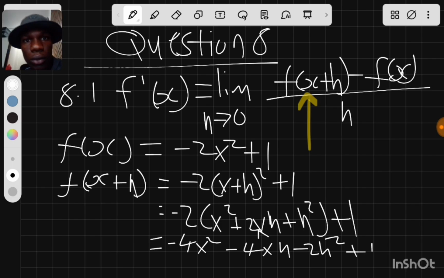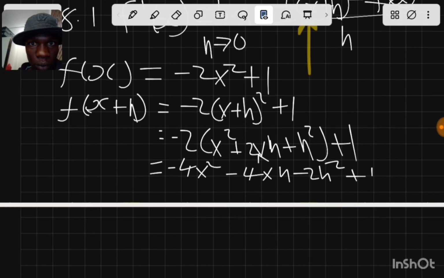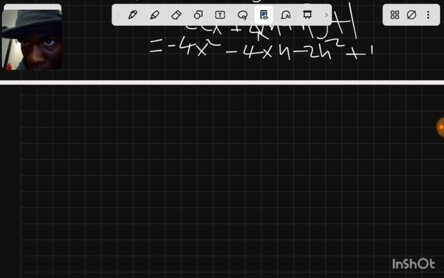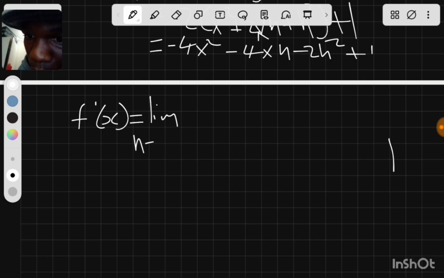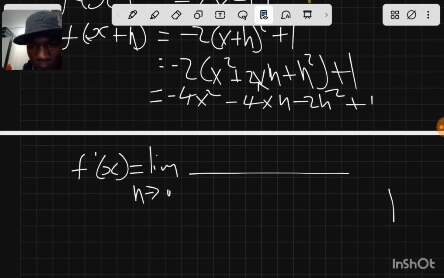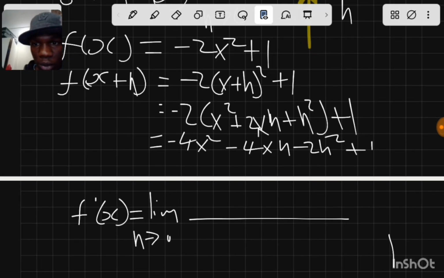So we know our limit as h approaches 0, where we see f of x plus h, we're going to substitute this.